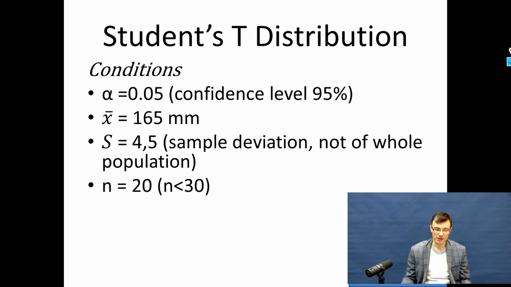So let's have an example, and as usual we use Student's t-distribution, and this example will have a confidence level of 95% that gives us 5% of alpha, and it's the significance level.